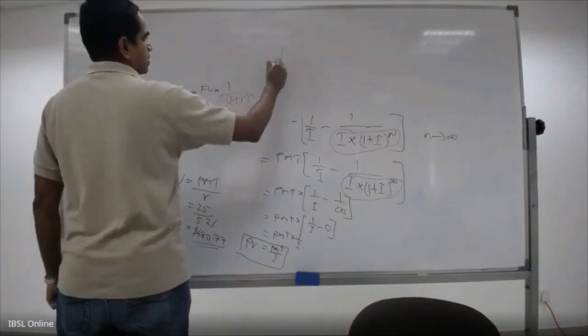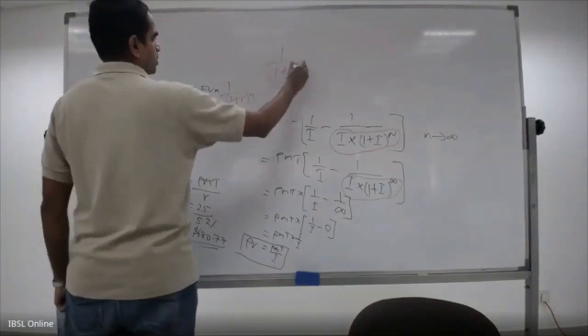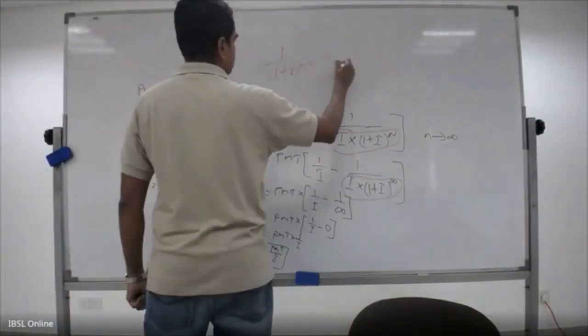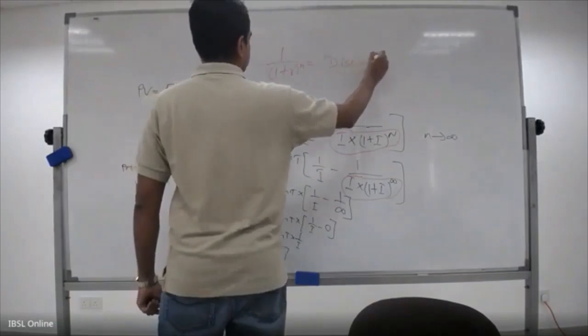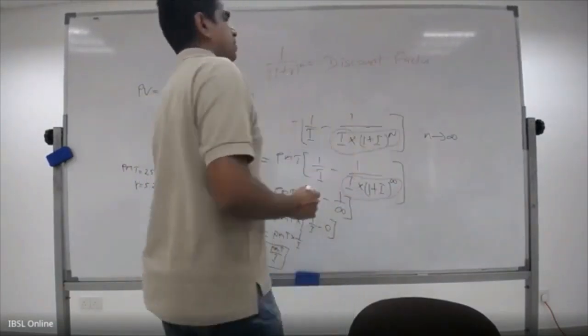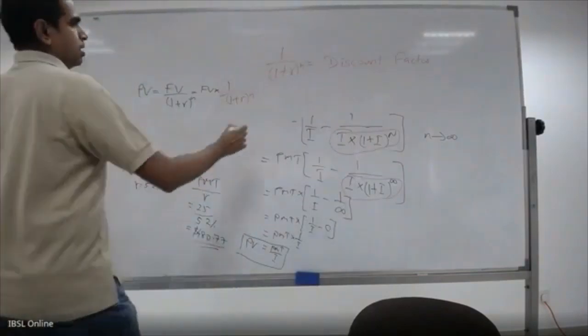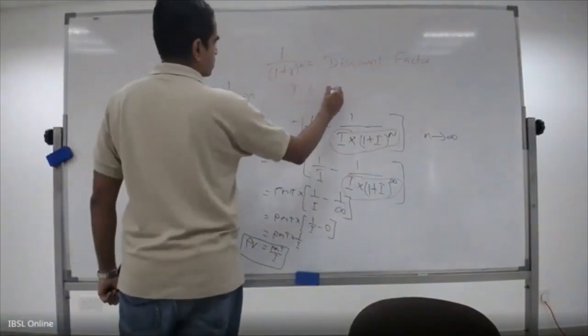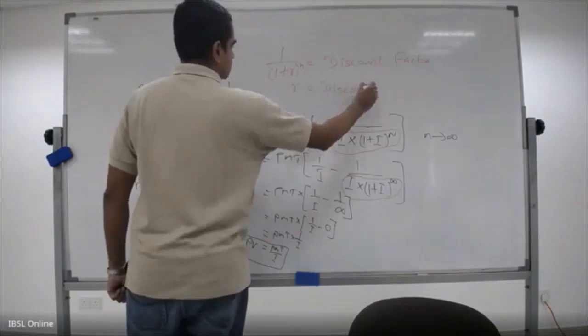So this factor, 1 over 1 plus r to the power n, is called the discount factor. R is the discount rate.